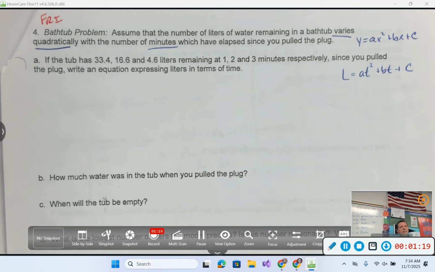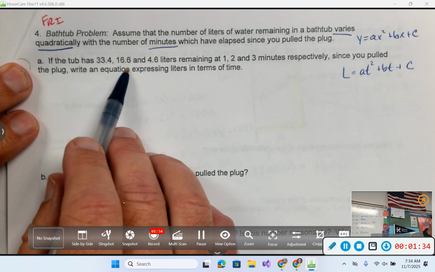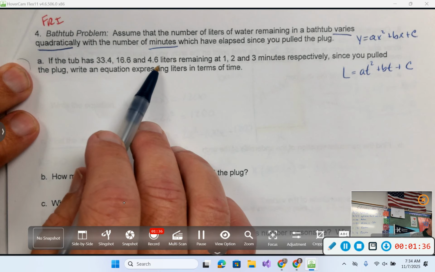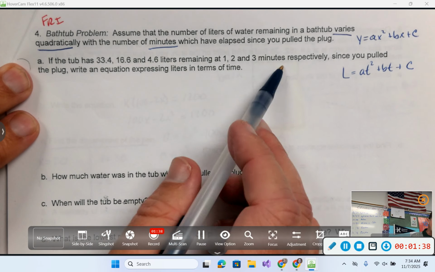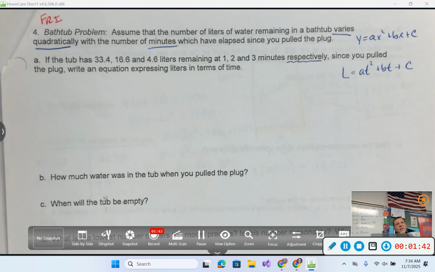So they didn't really give us an equation, they gave us the form of the equation. So thanks, I guess, but I don't know what A, B, and C are. If the tub has 33.4, 16.6, and 4.6 liters remaining at 1, 2, and 3 minutes respectively, do we know what that means when it says respectively?